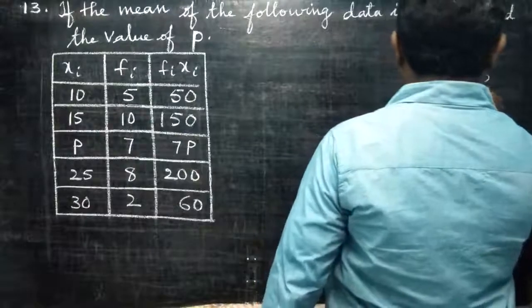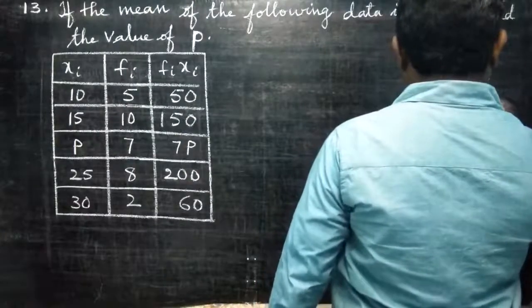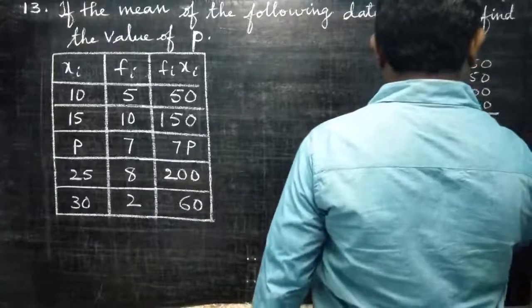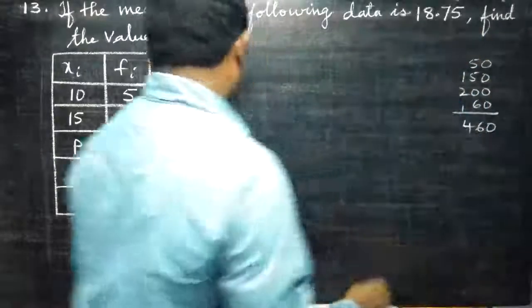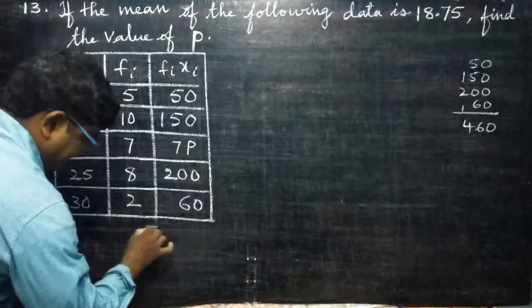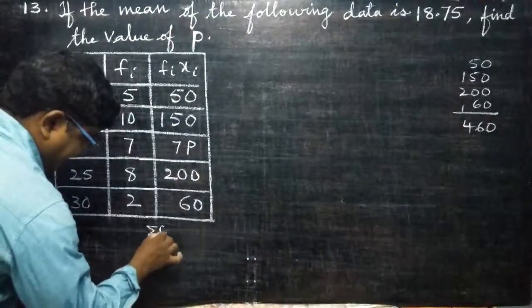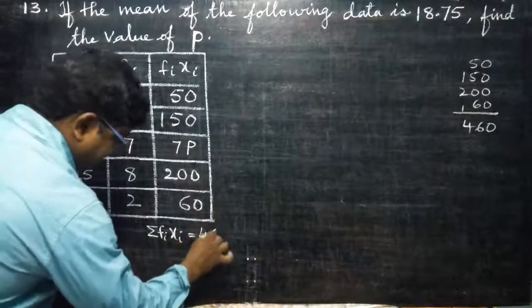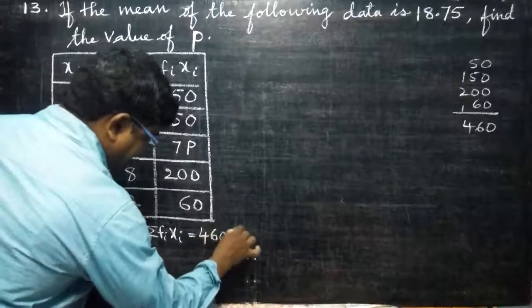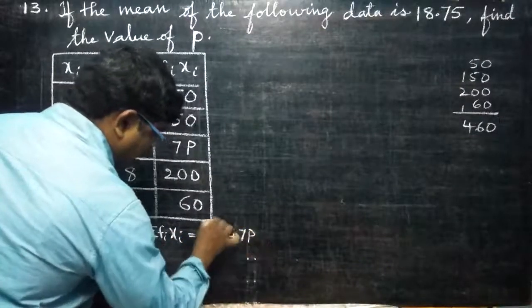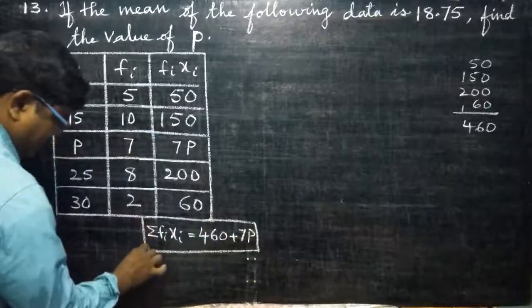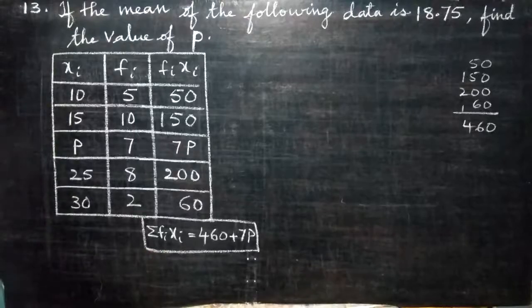So it's better to write like this separately and add: 0, 16, 4, 460. Sigma fi xi is equal to 460 plus 7p, because this is unknown. So we should not add 7p.